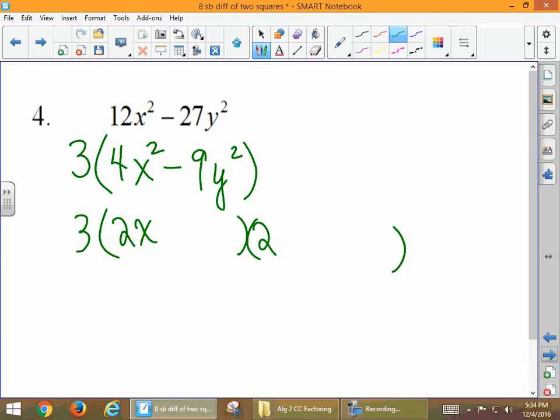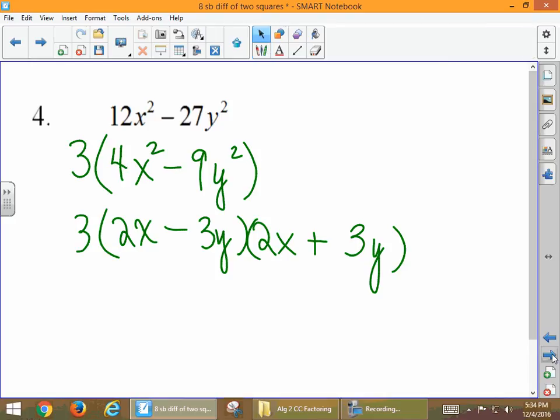X squared, x times x. 9, 3 times 3. Y squared, y times y. Difference between two squares. Different signs. And we finished our problem. We factored it completely.